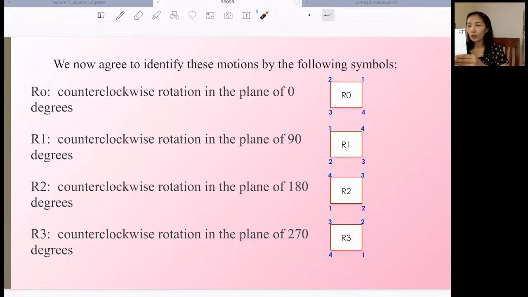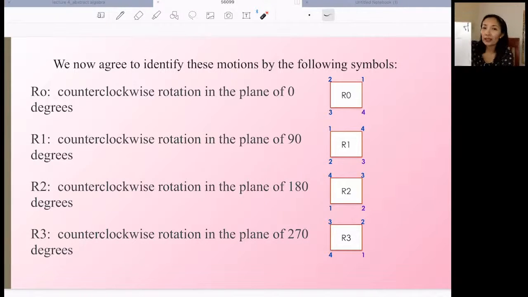So your vertices on the upper part will now be 1, 4, 2, 3. Next, from 1, 4, 2, 3, we move it again by 90 degrees counterclockwise.